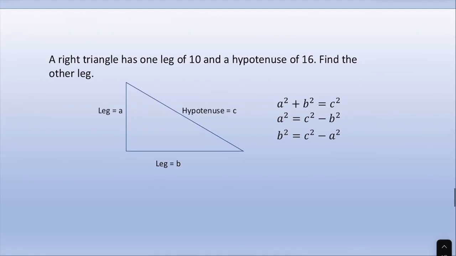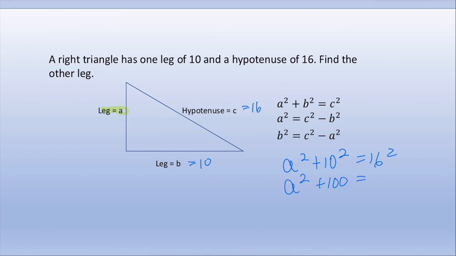Let's do another one. This one says a right triangle has one leg that is 10 and a hypotenuse of 16. What is the other leg? So let's just assume we don't know A. We know this is 10 and we know this is 16. Let's use the original formula so that we know A squared plus 10 squared equals 16 squared. 16 squared is 256.